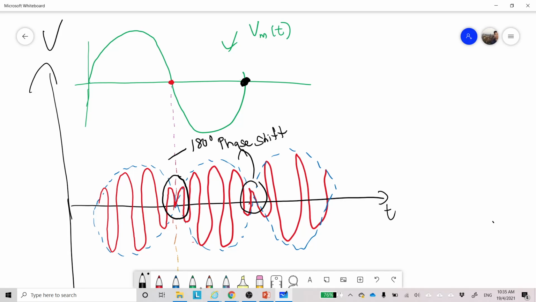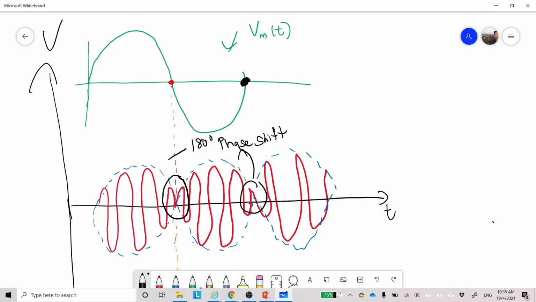So when you draw the spectrum, we only have this one. Okay, so there's no carrier component. This is FC plus FM. This is FC, sorry, this is FC minus FM. Okay, so this is voltage versus frequency.